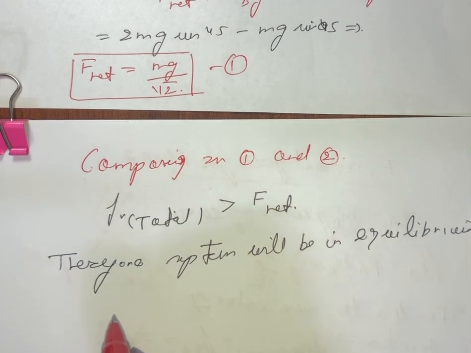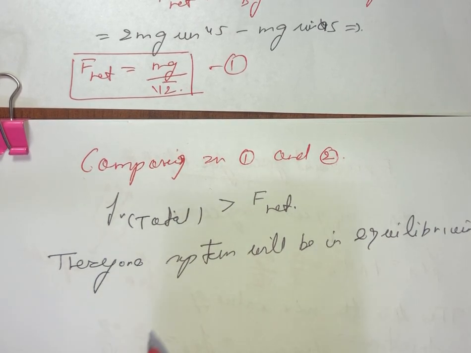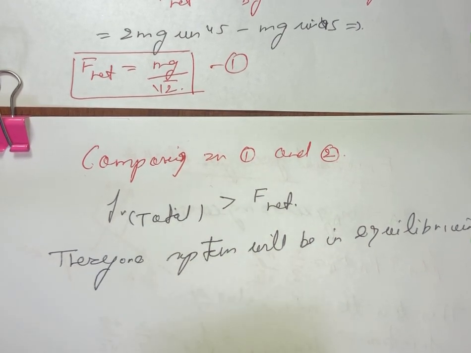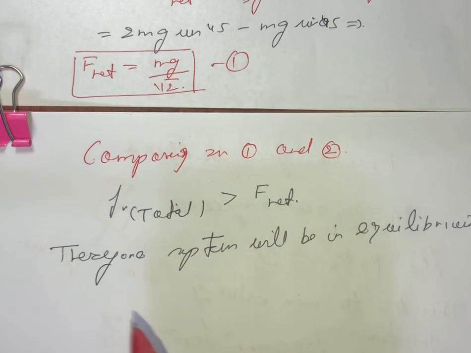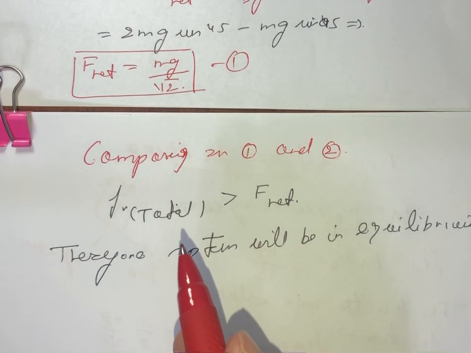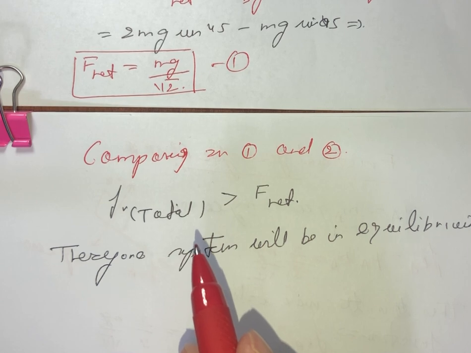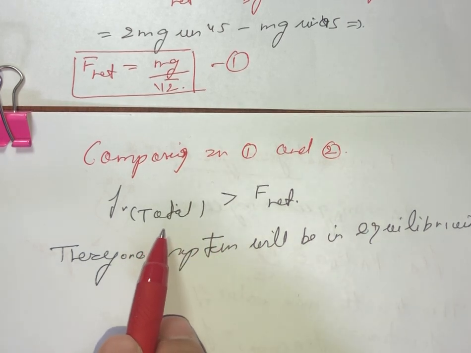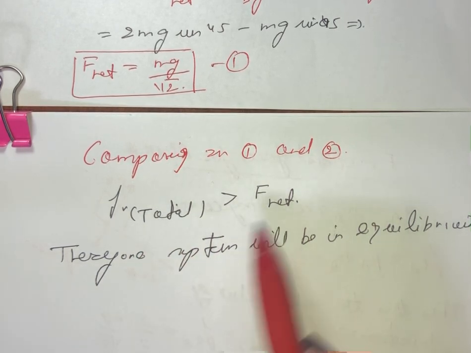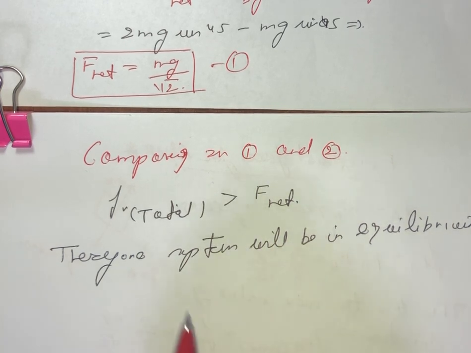Let us find out, for block B, the tension T. In the first part we were supposed to find the acceleration of A, but the total force is greater than the net force, so the entire system will be in equilibrium.